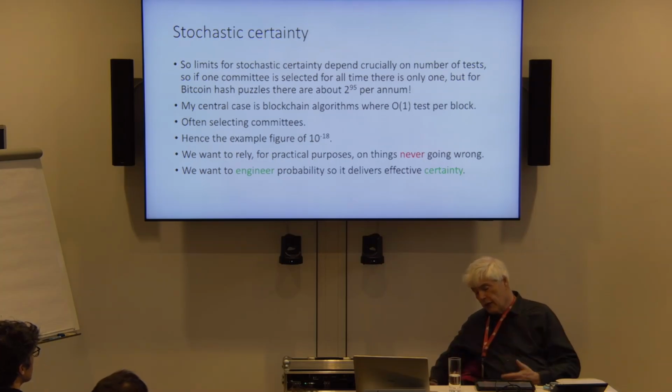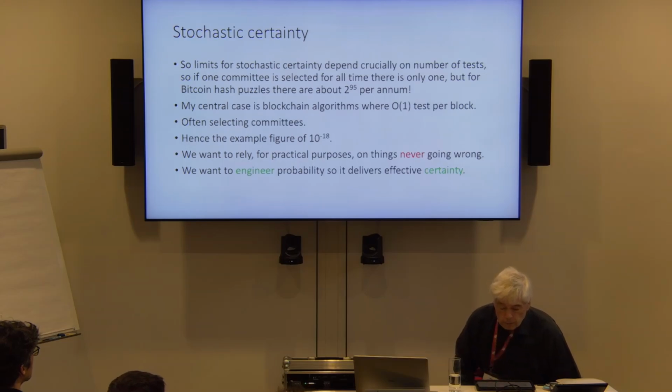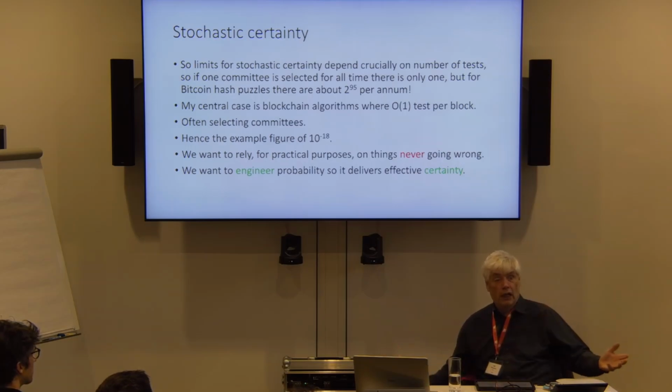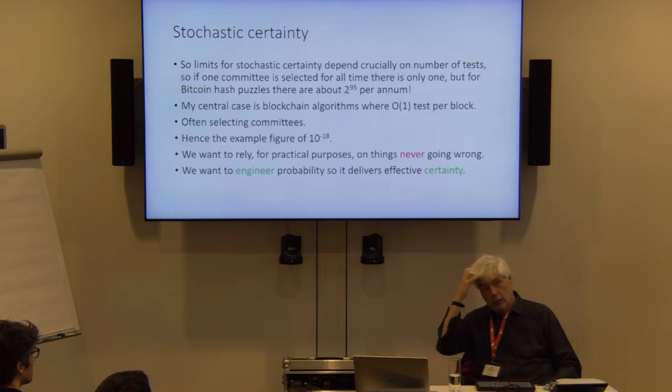There are all sorts of things that we assume will never go wrong in practice, but have higher probabilities than this, like not getting struck by lightning, or a plane not crashing, and that sort of thing. They all have far higher probabilities than 10 to the minus 9.